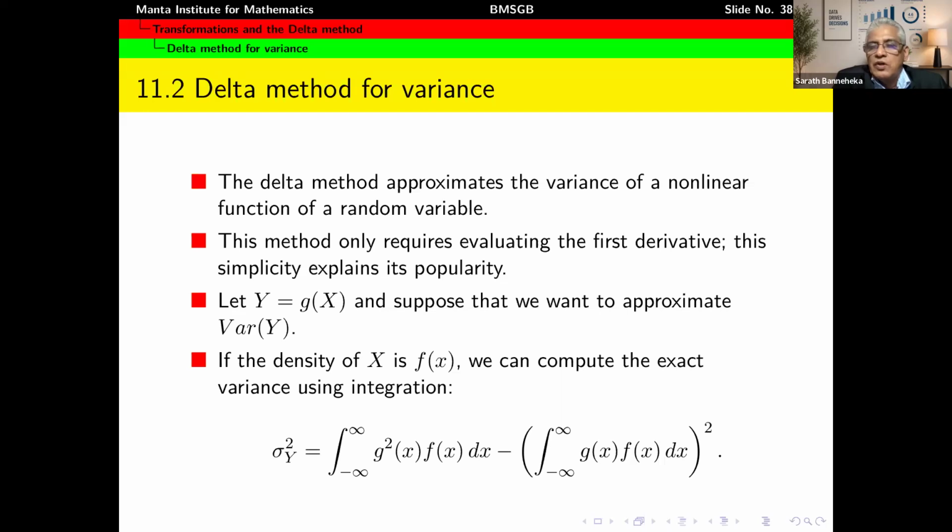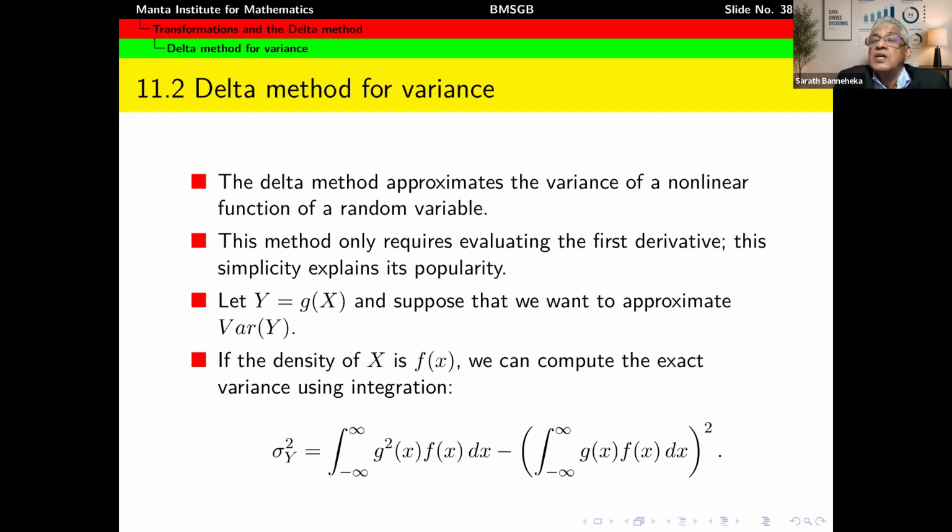Now we use this delta method mainly when you want to get the expression for the variance of a transformation of a variable. For example, if I'm interested in some g(x), where x is a random variable, I want to find out the variance of this g(x). This g(x) can be quite a complicated function of x.